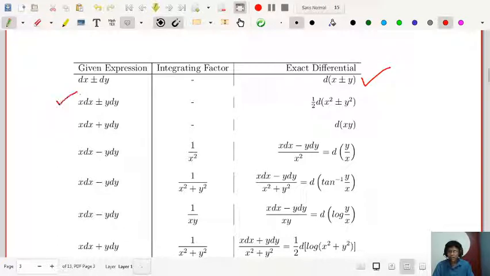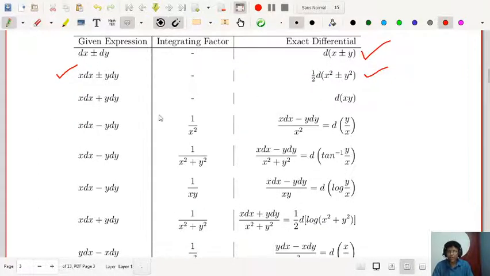If your expression is x dx plus minus y dy, it is expressible in the form of half d of x square plus minus y square. So no integrating factor is required for these types of equations. And if your expression is x dy plus y dx, then it can be written as d of xy. It is in the differential form.